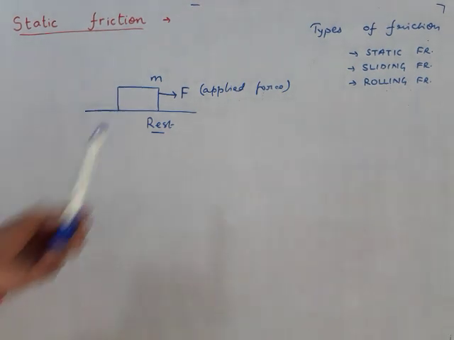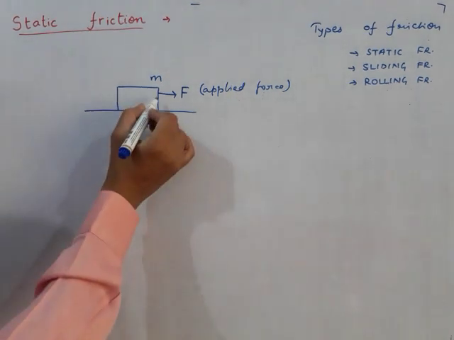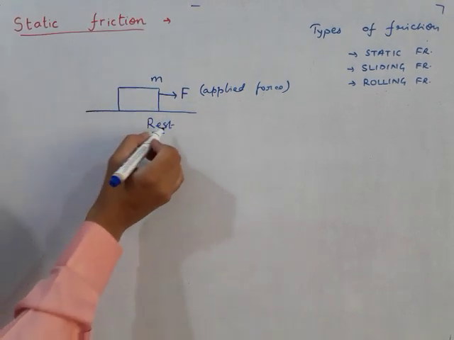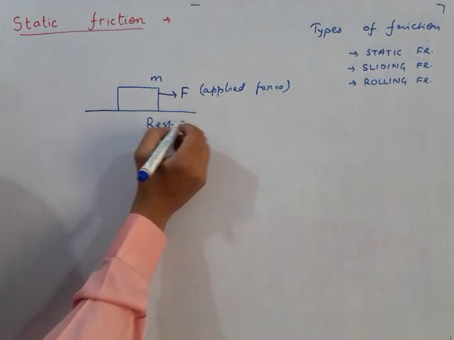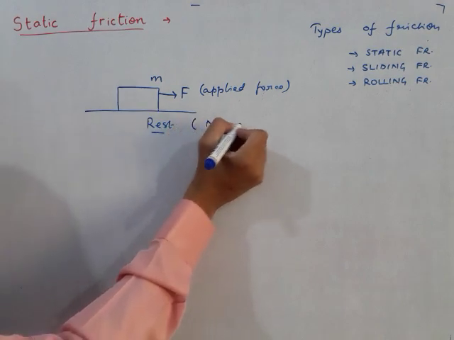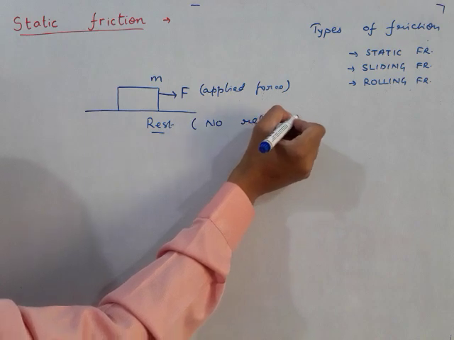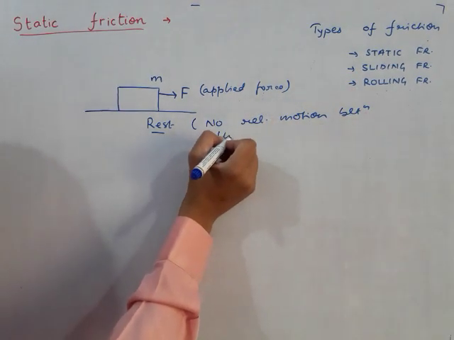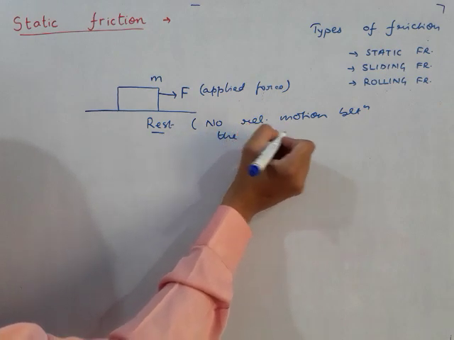Suppose it is that table. First, you apply some amount of force, and on applying that force, the body does not move. It remains at rest. If it remains at rest, that means there is no relative motion between the two surfaces in contact.